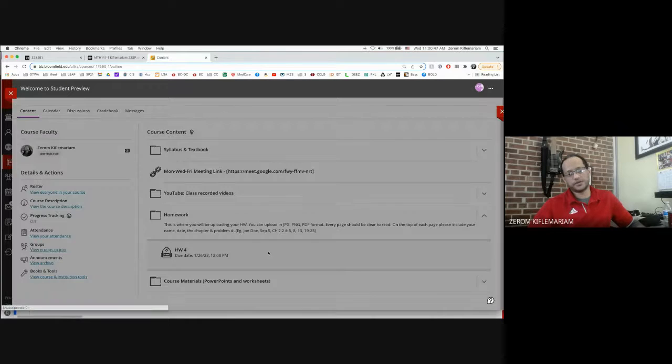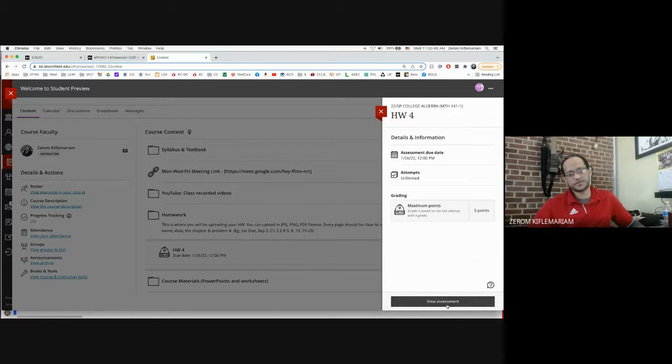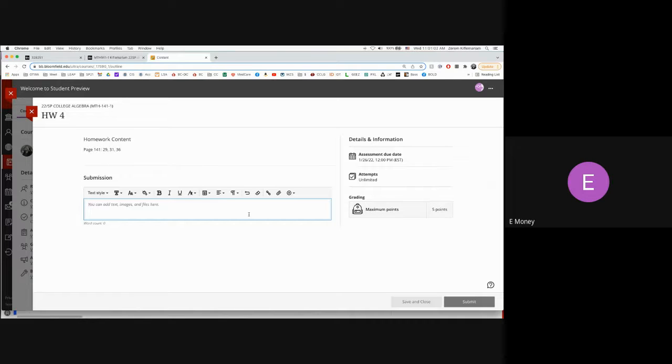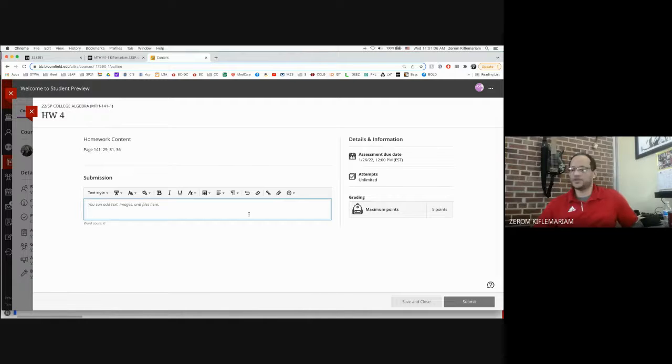If you click on that one, it should give you view assessments. Once you click on that, it looks like you cannot do anything over here, but when you click over here, it should allow you to attach your pictures and so on. Also attachments that are already on the computer, with a picture of the work. You can do it on your phone if you can take a picture, or if you're using a scanner.